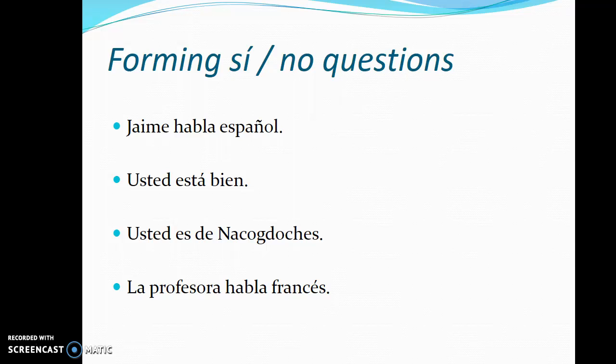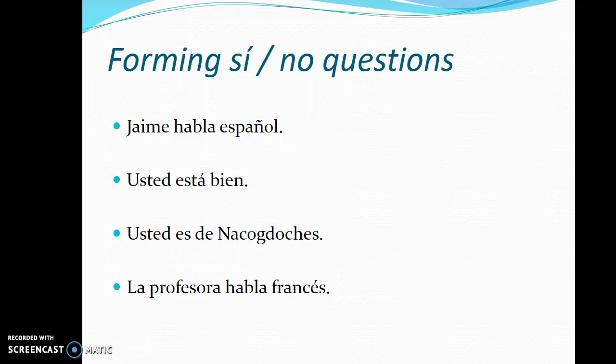So let's practice with these, forming sí or no questions from these statements. We've got Jaime habla español. So practice doing this the two different ways I just taught you. First way, you don't change anything about the word order. You just make it sound like a question in your voice. Jaime habla español.